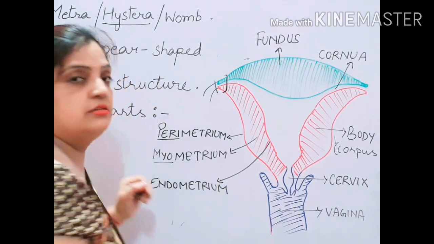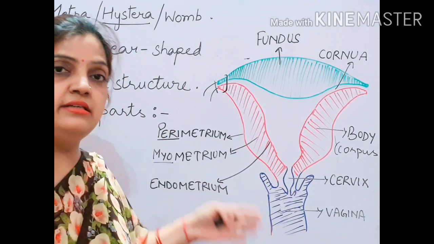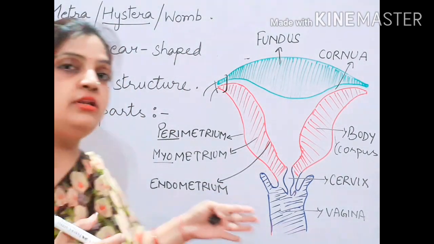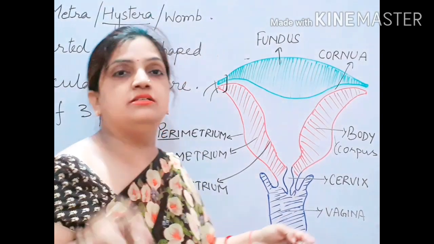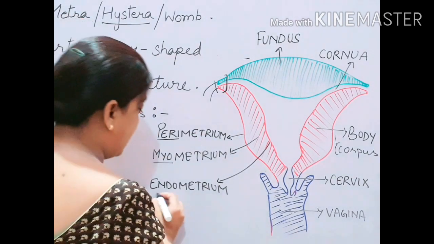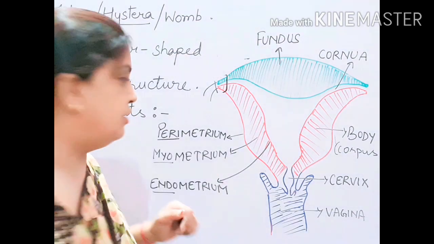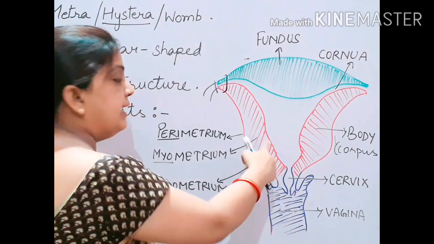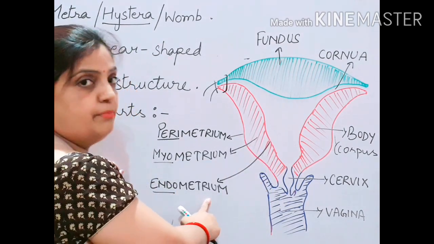Children, the best way to learn biology is to learn the diagrams. If you understand the diagrams properly and learn the names in the diagram itself, biology becomes very easy. So by the name only you can understand: endo means inner part, inside. So the innermost muscular wall of the uterus is called endometrium.